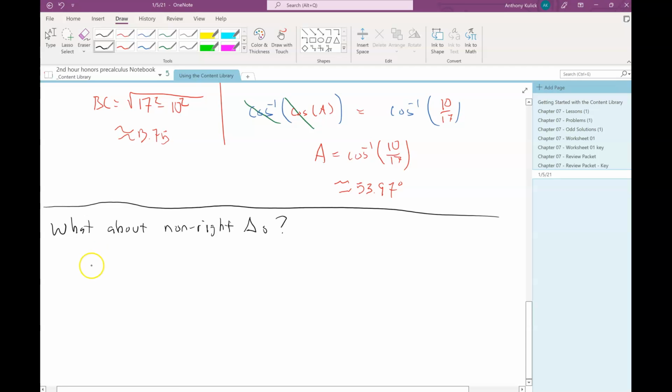Since they're non-right triangles, do we have the Pythagorean theorem to use? Since they're non-right triangles, do we have SOH CAH TOA? Nope. Oh boy, what do we do?